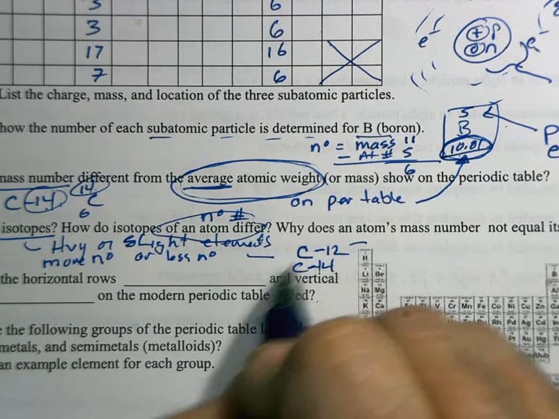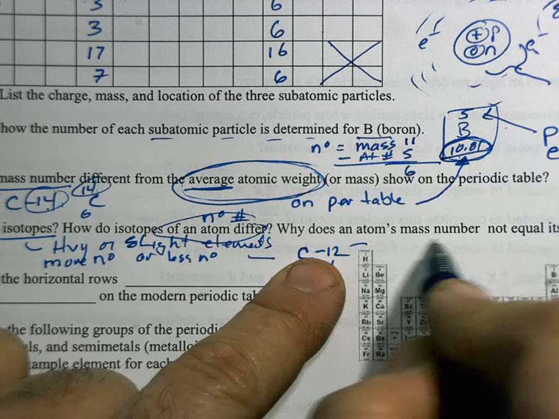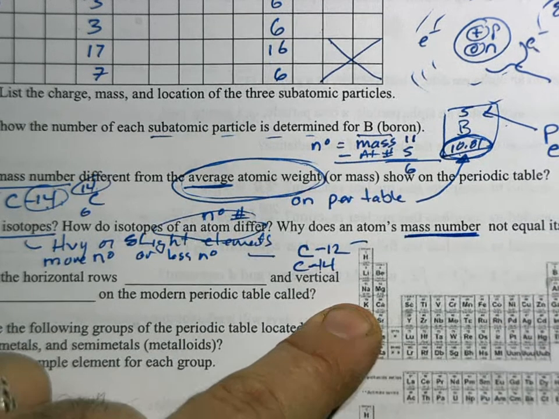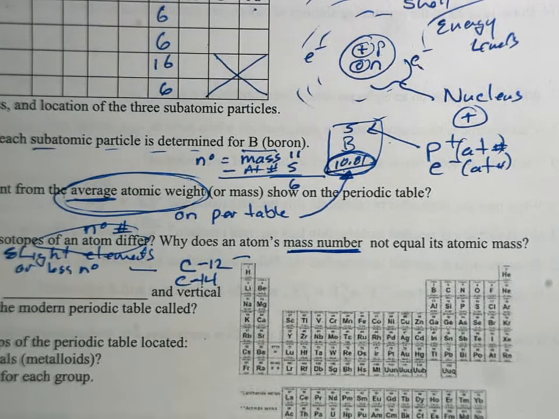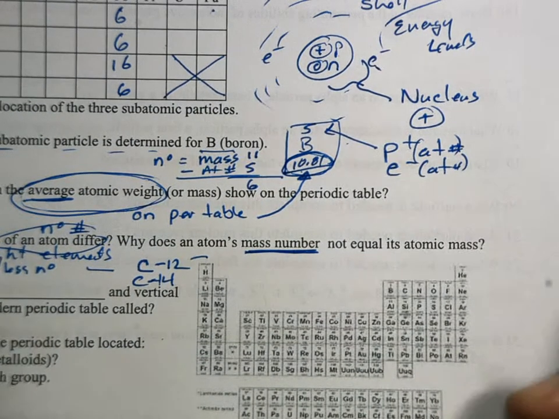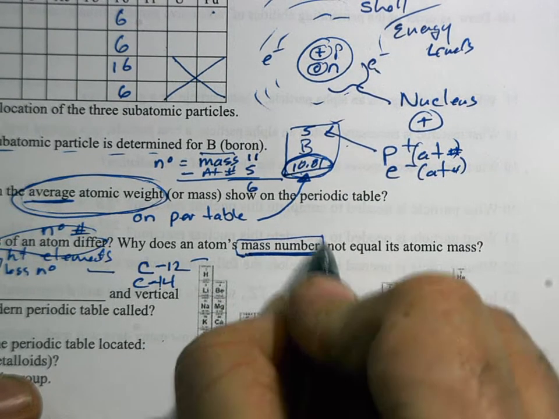So why does an atom's mass number not always equal the atomic mass? Well, the mass number is very specific. If we use the analogy from class, if we take the average weight of everyone in this class, we'll have an average weight, but each of you has your own specific weight, and that would be like the mass number.